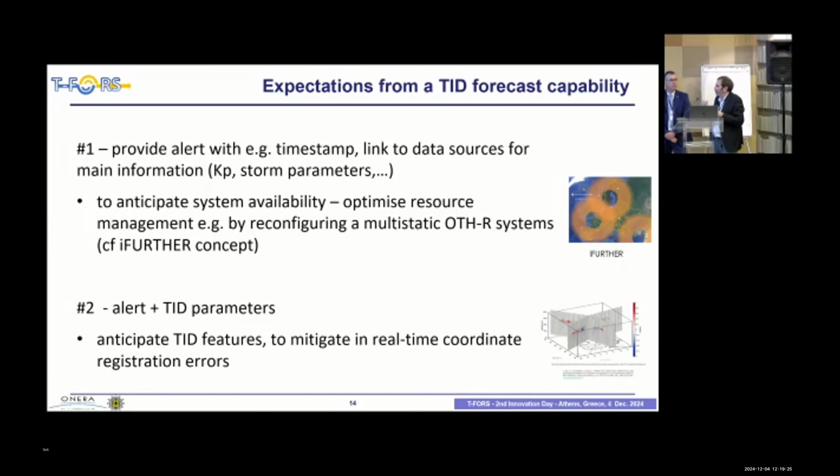Considering this, in that concept, we also have a look at every kind of external infrastructure, for instance, ionosondes. Ionosondes are not part of this project, but this kind of infrastructure could be very interesting to support the forecast capability. But also, I was thinking when you were speaking, direction finding could be a very interesting system to support OTH capability, because you have real-time measurements, and this could be also something interesting.